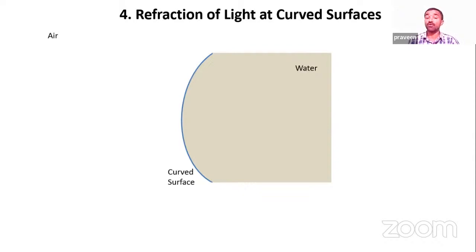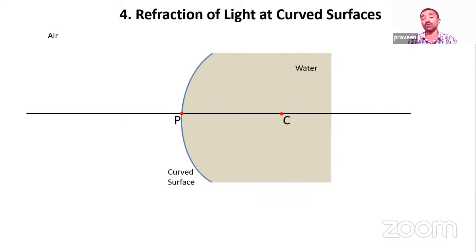Then what happens if a light ray is incident parallel to the principal axis? So now draw the principal axis. The pole is identified, then identify the center of curvature. The imaginary line passing through the pole and center of curvature is called the principal axis. Now take a light ray which is parallel to the principal axis. Remember, always draw a parallel line using the width of the scale.